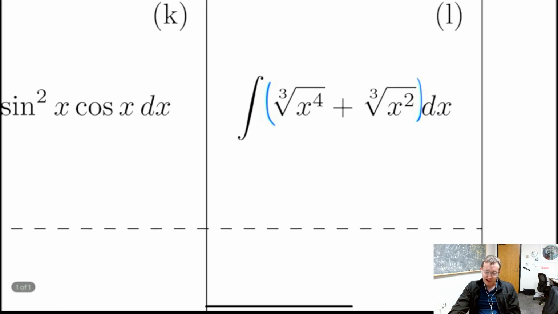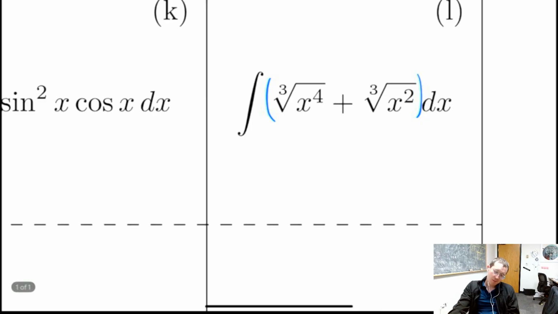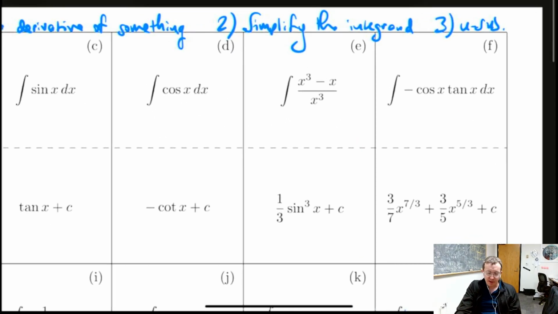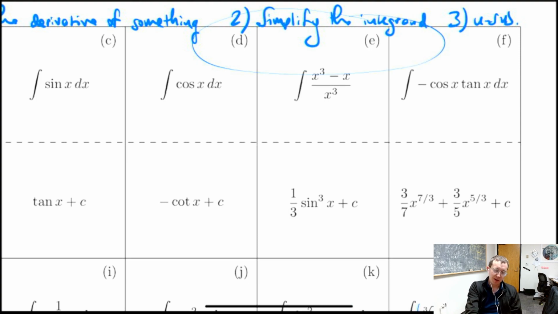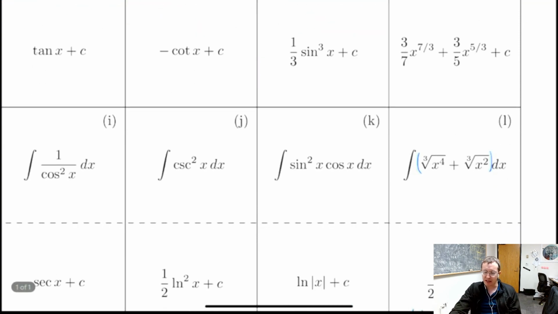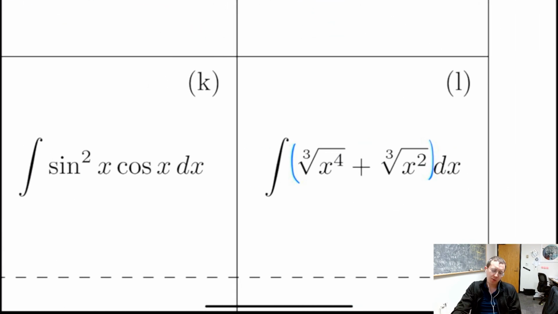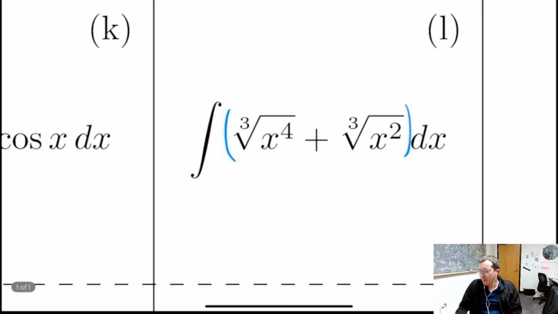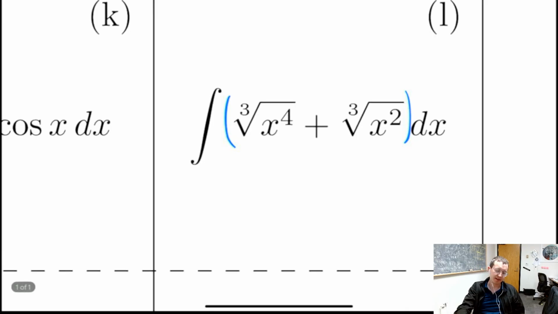So how do I integrate this? I'm debating whether this is an example of number 2, simplify the integrand. We'll call it that. I'm maybe not even going to simplify it. I'm just going to rewrite this in a different way that's easiest to deal with.